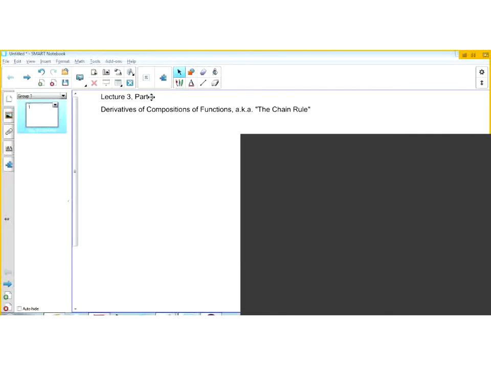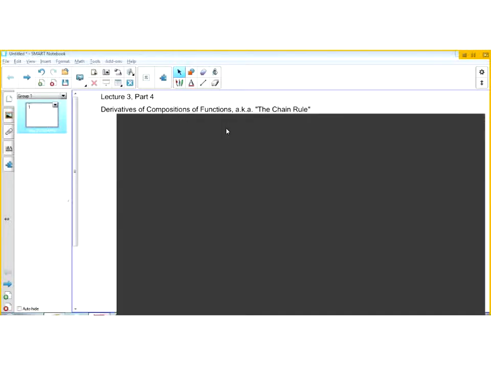Well, it goes as follows. Suppose we're given two differentiable functions. Let me pull up a note here. One second, let me grab my notebook.